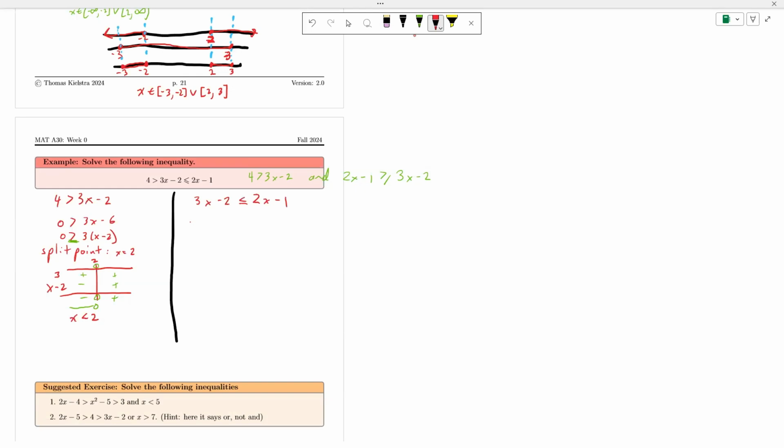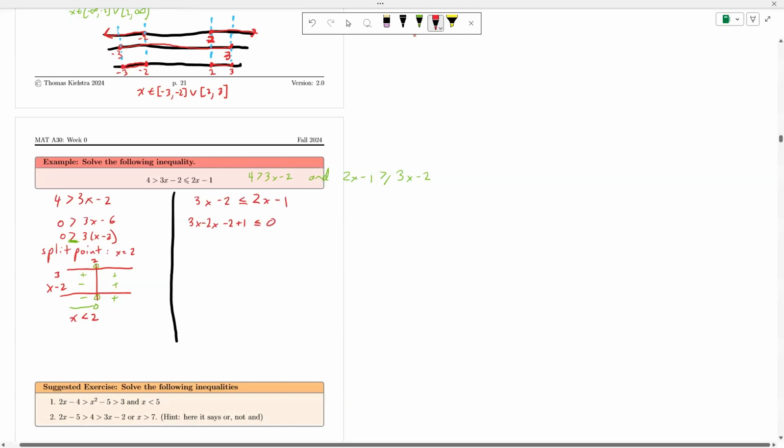Over here, get everything to one side. So I'm going to get 3x minus 2x minus 2 plus 1 is less than or equal to 0, or x minus 1 is less than or equal to 0. My split point is x equaling 1. Notice it's already factored. So 1 goes here, x minus 1.